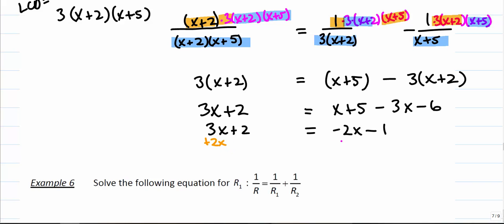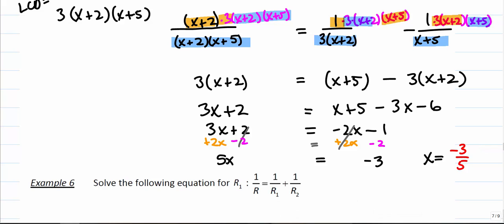I would add 2x to both sides of my equal sign so that it can zero out. And then I want to zero out the number over here, so I'm going to subtract 2 from both sides. And so I end up with 5x equals negative 3. And then if I divide both sides by 5, I get negative 3/5.